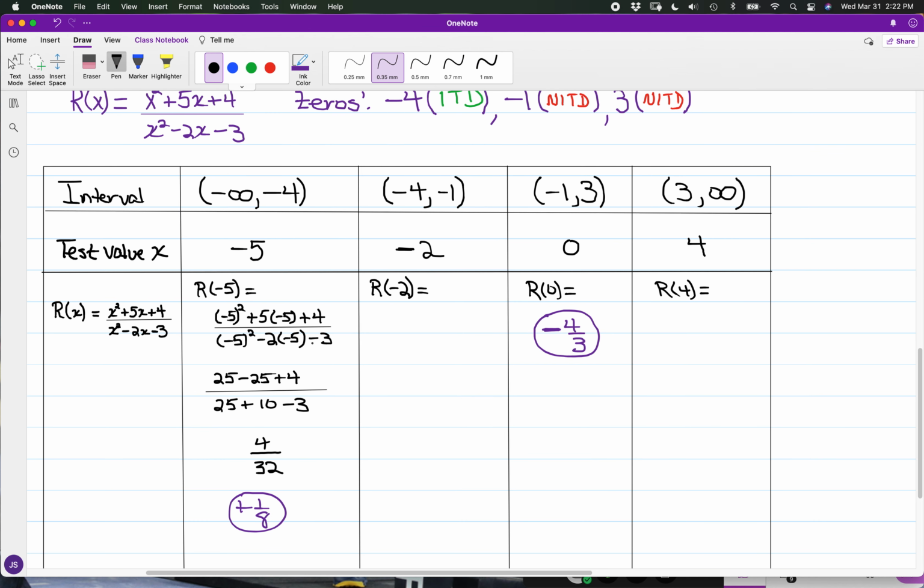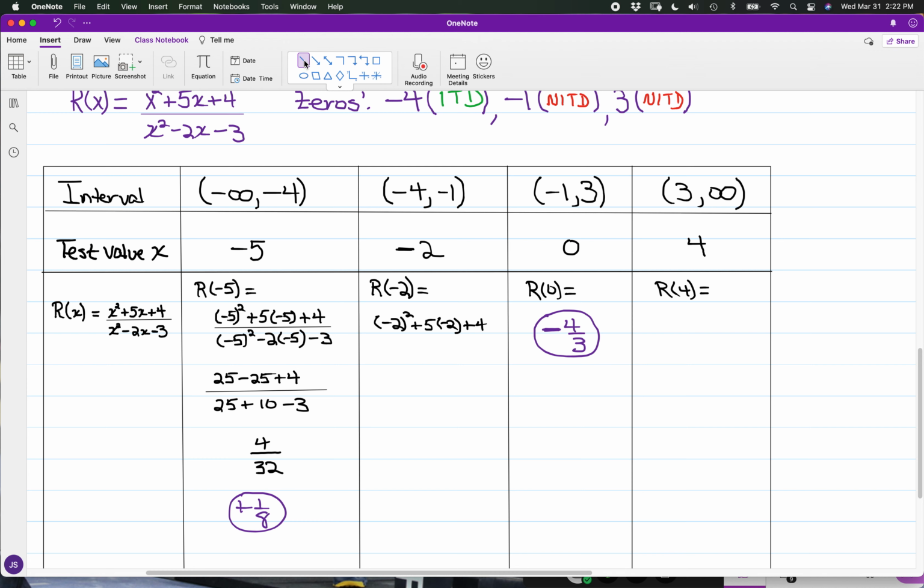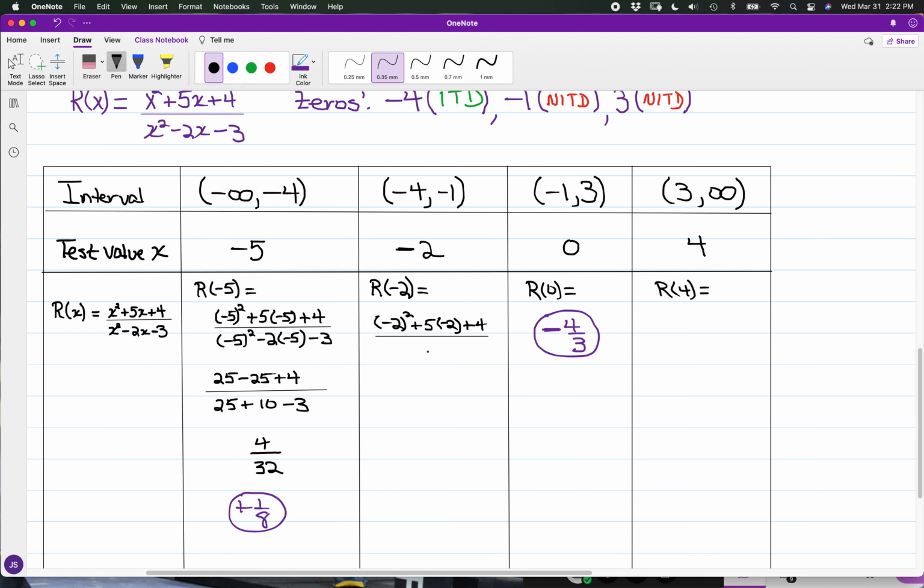Now for the case of r of -2, I have the square of -2, plus 5 times -2, plus 4. And for the denominator, x squared minus 2x minus 3, we have -2 squared, minus 2 times -2, minus 3.